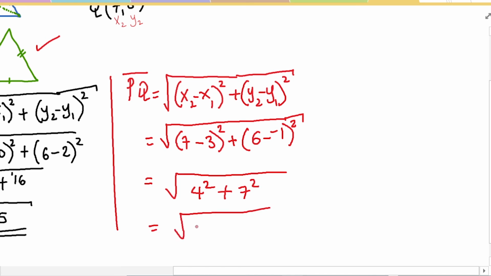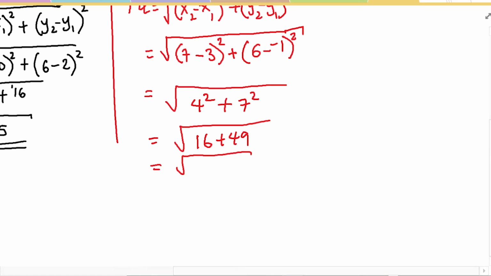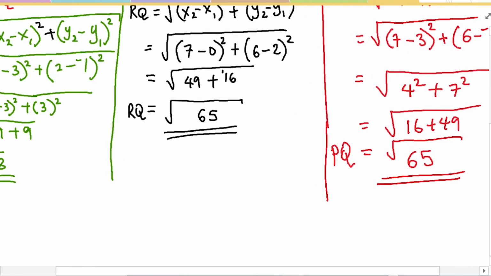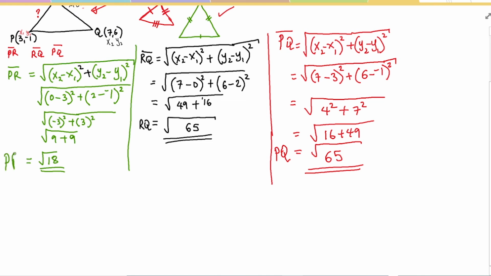That's the square root of 16 plus 49, which is 65, and this is PQ. So we have gotten the three sides: PR, RQ and PQ. If I may redraw that triangle, this is how it would look. Let me redraw it down here.